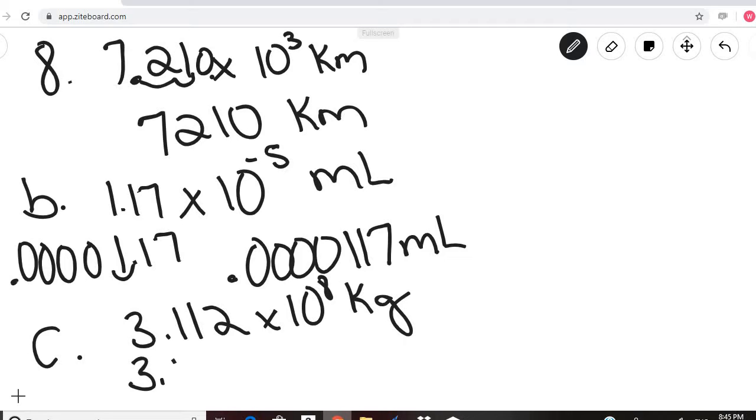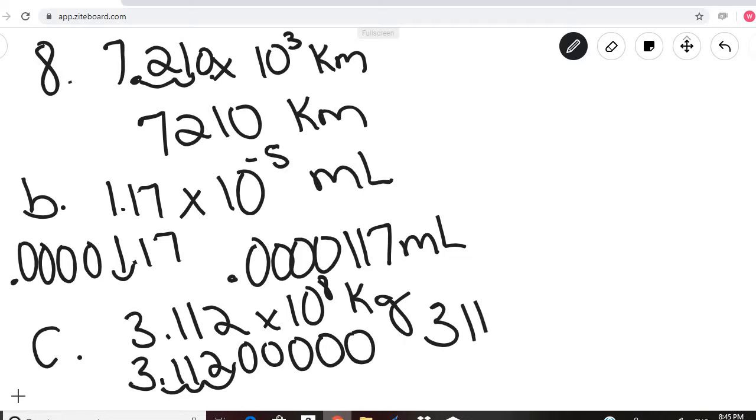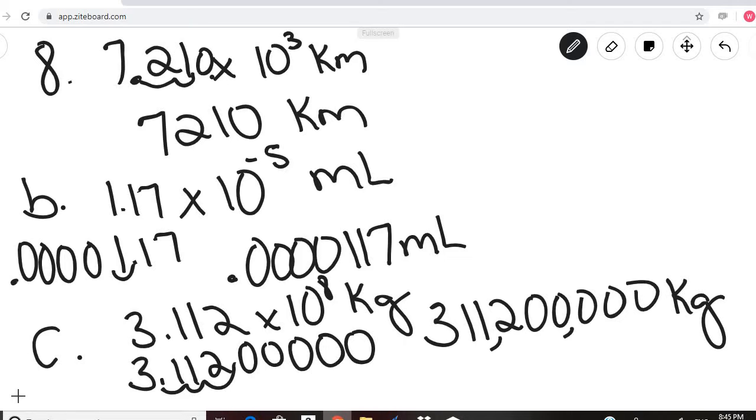So we start here. 1, 2, 3, 4, 5, 6, 7, 8. So 311,200,000, and we can't forget our units, so it's kilograms.